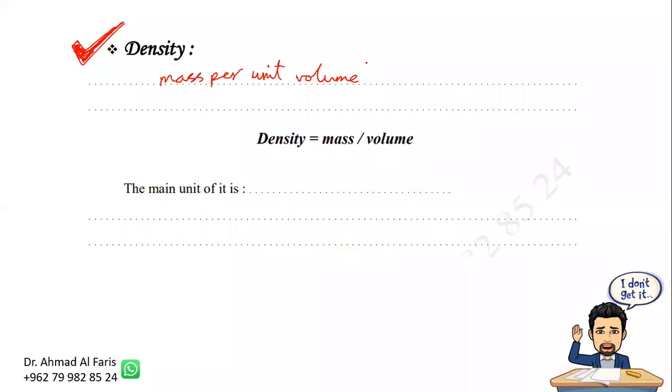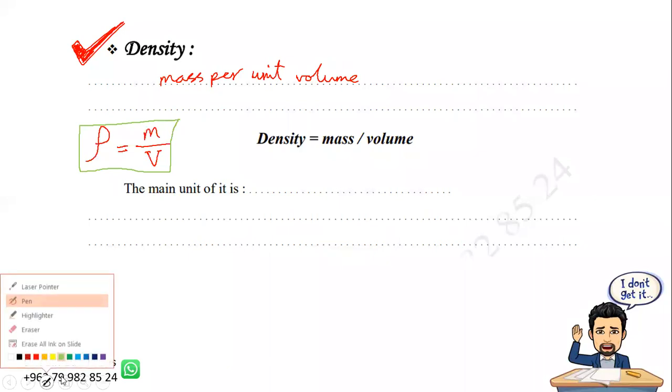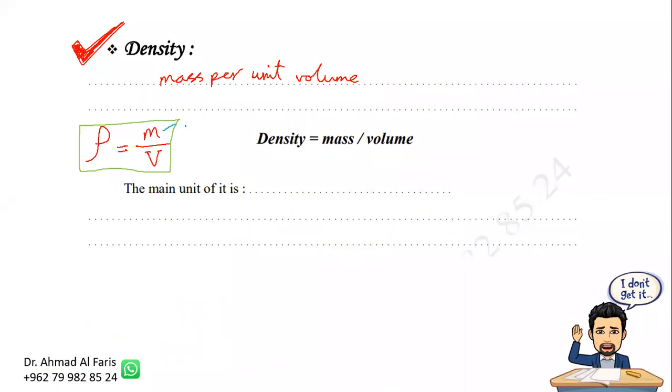Not a problem. Okay, so density from the formula, they use the letter rho to represent it, equal mass over volume. So, as we can see, this is the formula for density. It's the ratio between mass and volume. The mass can be in grams or in what? Kilograms.